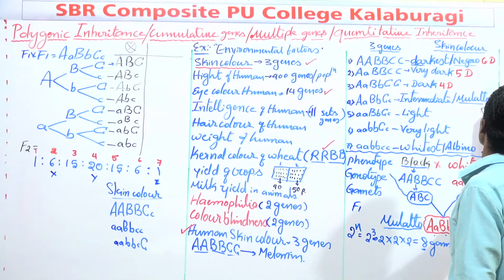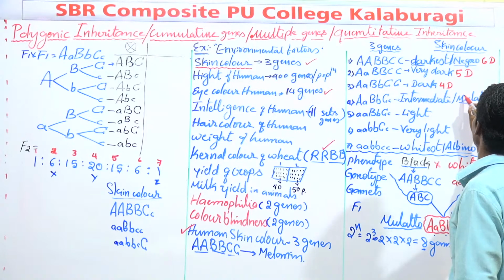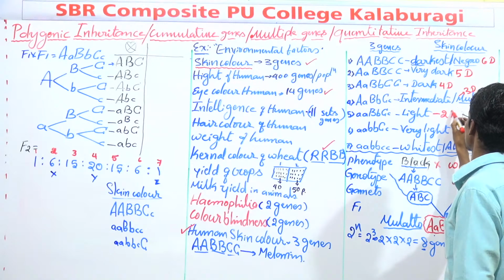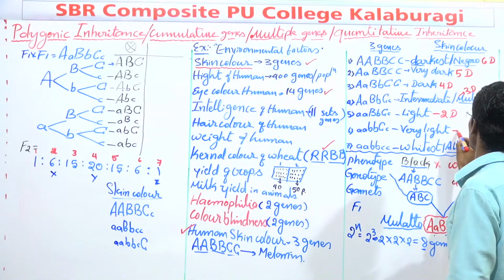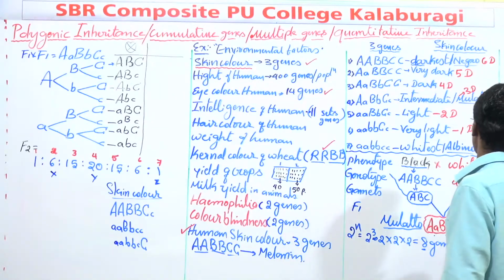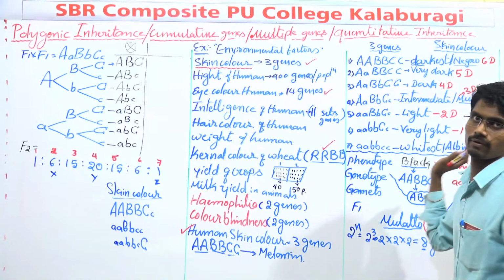If three dominant alleles are present, that is the mulatto. If two dominant are present, it is light. If one dominant is present, it is very light. If zero dominant is present, that is the albino.